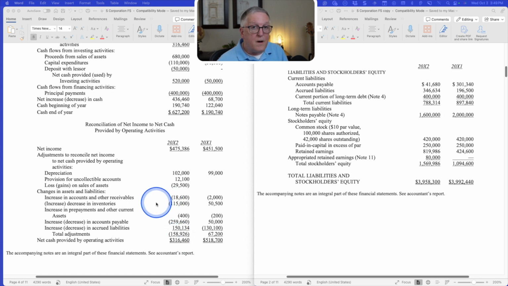So suppose you had the $500,000 in sales, but you only got paid $200,000. That first bucket, the operating piece, only $200,000 went in that bucket. If that was the only transaction for the year, the $500,000 in sales, you'd have a net income of $500,000. Now you're going to have a change in receivables, and that's going to net back down to the $200,000 that actually went into the bank account. So you see how we're isolating those transactions to determine whether or not these numbers are correct.